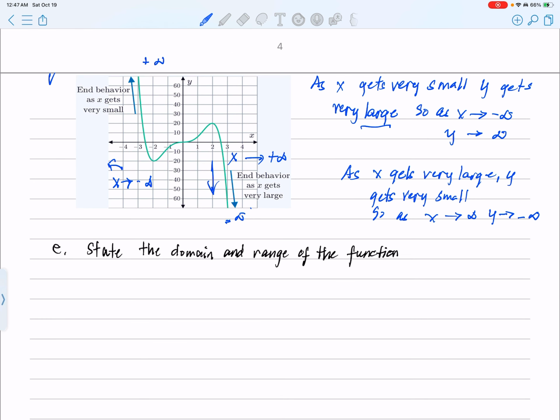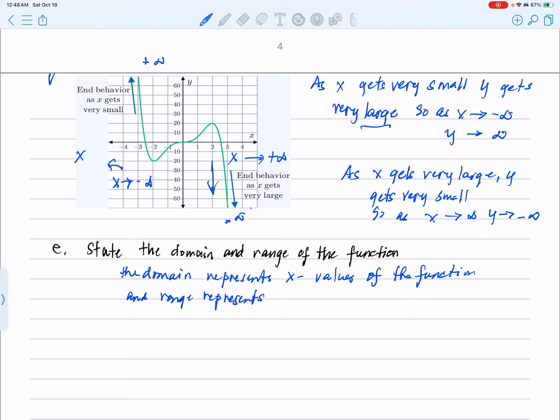Of course, the domain is the x values of the function. And the range, that is the y values. Okay? It represents the y values of the function.